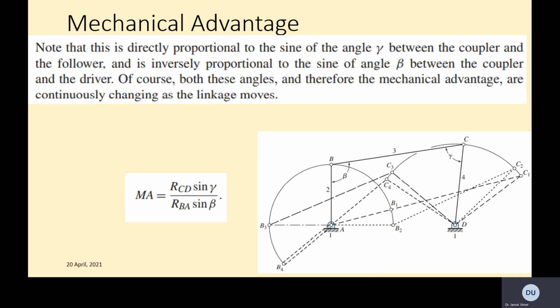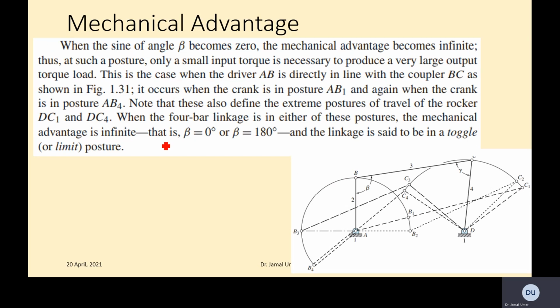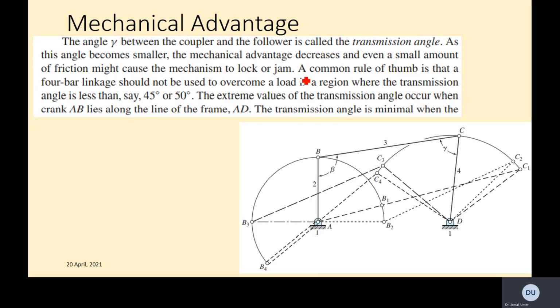A common rule of thumb is that a 4-bar linkage should not be used to overcome a load in a region where the transmission angle, this particular angle, is less than 45 or 50.